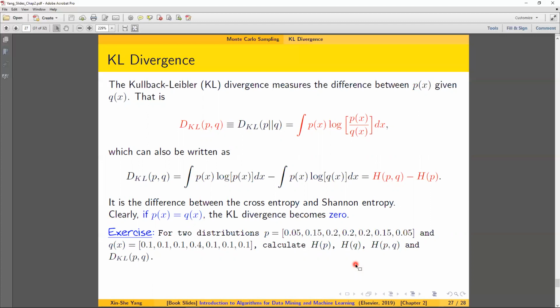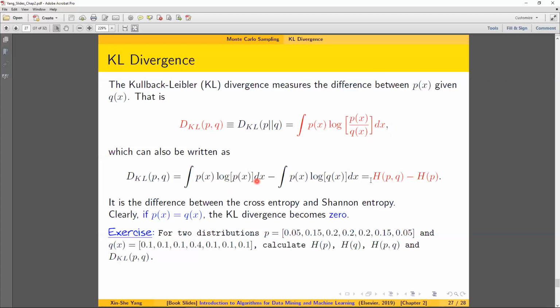The definition is the integral of P(x) log of P(x) divided by Q(x) dx. This can be rewritten: we know that log of x divided by y is log x minus log y, so we could further expand this relationship into this format.